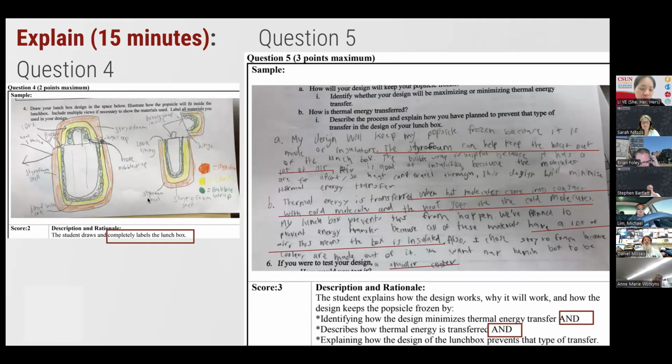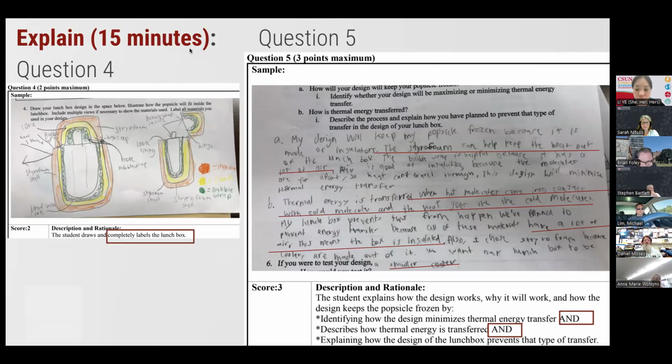At least the student has been very thoughtful with 3 different types of materials and with different color coding. And the popsicle is in the middle, and it's wrapped by the cork and styrofoam and then bubble wrap. Right, so it's a very nice drawing to show how this model can protect or delay the melting process of the frozen popsicle.